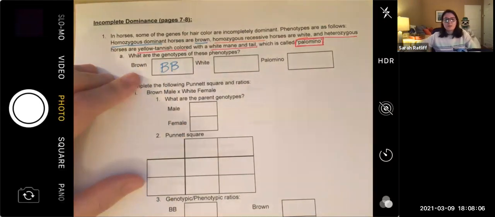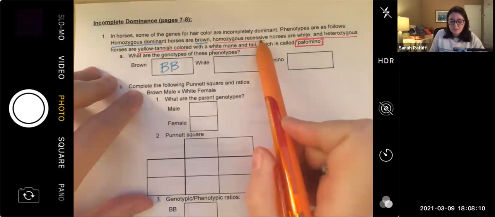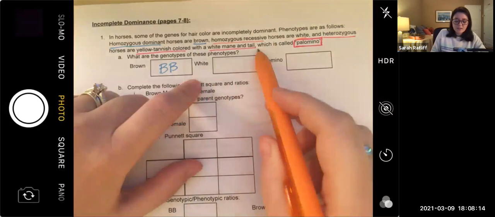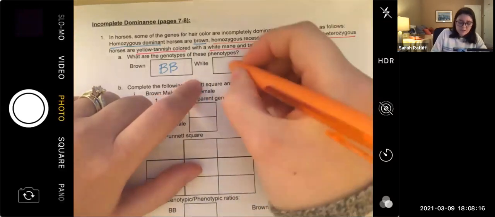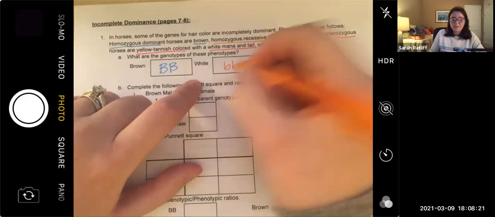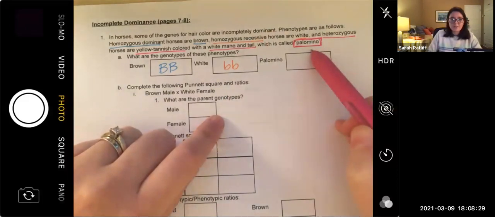Next up, I used orange. Homozygous recessive is white. So what does the white genotype look like? Homozygous recessive. Homo means the same. Recessive means it's going to be little or lowercase. So little b, little b. Now we have our third phenotype, this Palomino coloring.